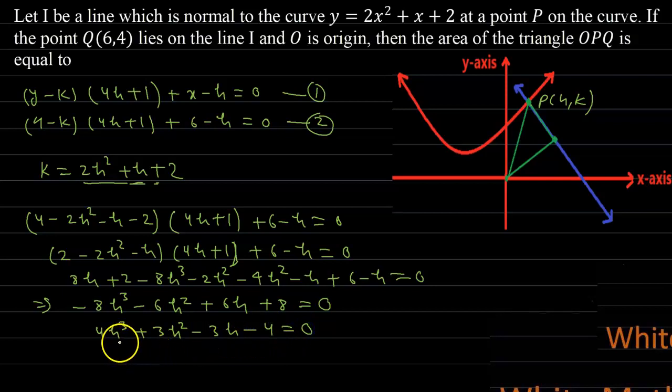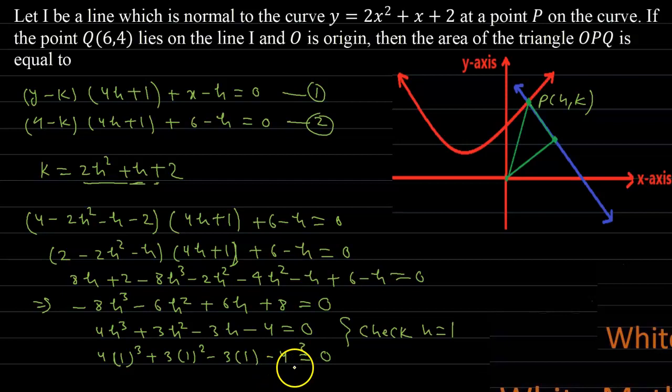So to find the value of h, use the hit and trial method, that is, check for h = 1. Now putting h = 1, we will get 4(1)³ + 3(1)² - 3(1) - 4 = 0 or not.